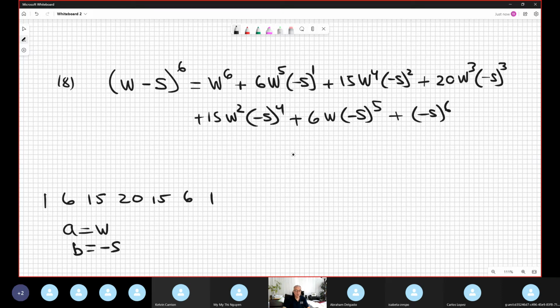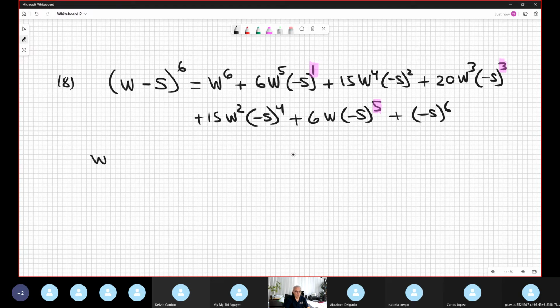Okay, so when you expand this, be careful with the signs because remember the only negative is B, which is minus S, and when the exponent is an odd number like this and like that, the sign is negative. However, if it's even, it's positive.